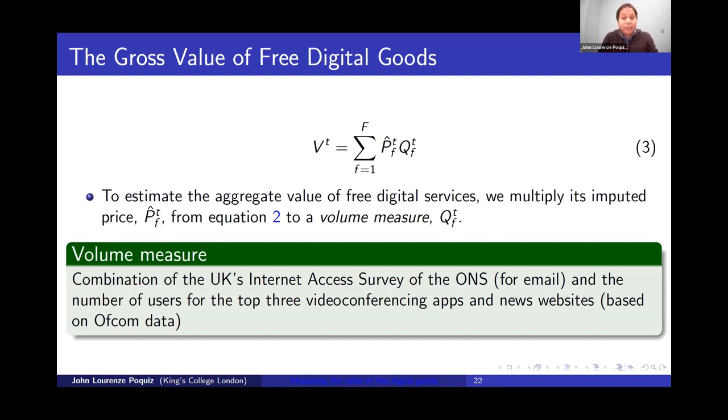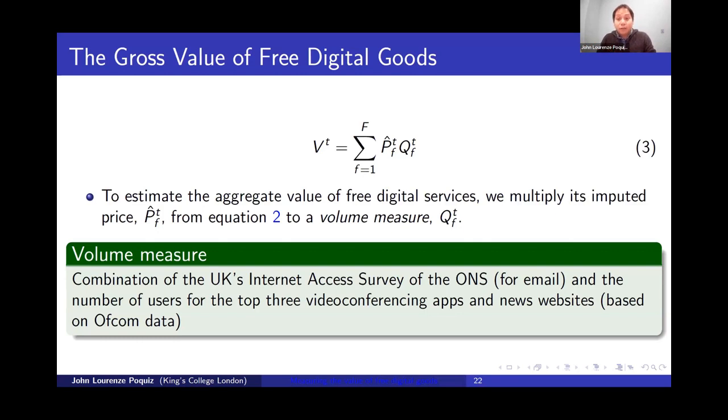Here, for this activity, we're using the Internet Access Survey from the ONS. This has been discontinued, if I understand correctly, so I haven't updated it to the more recent years. Also, I have a problem with the Internet Access Survey because for 2020, it was conducted before the lockdown.